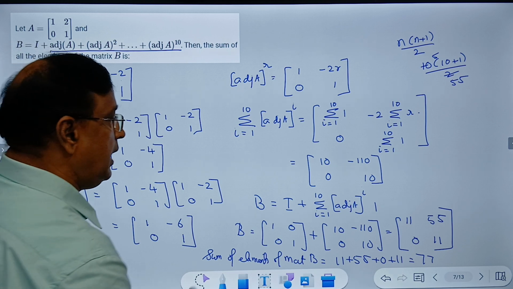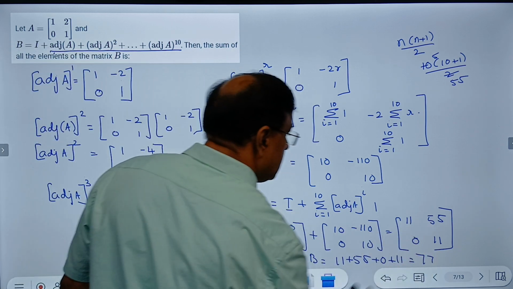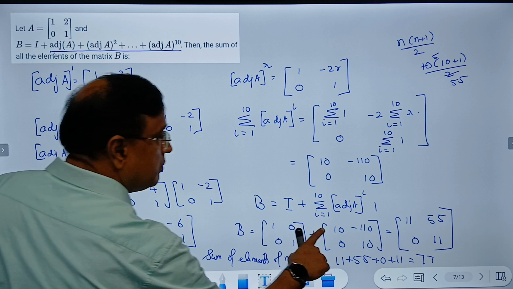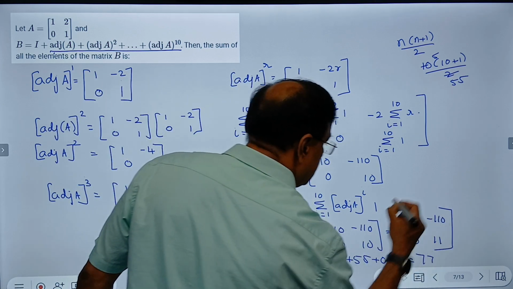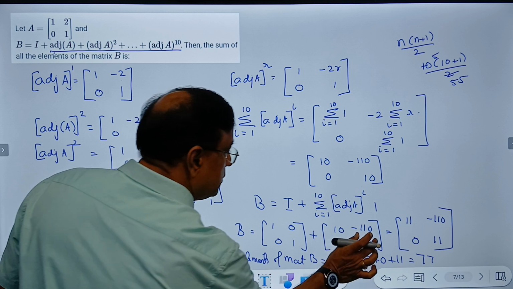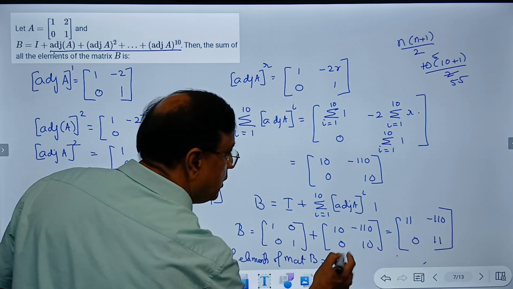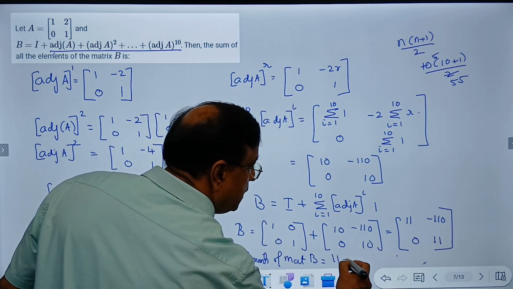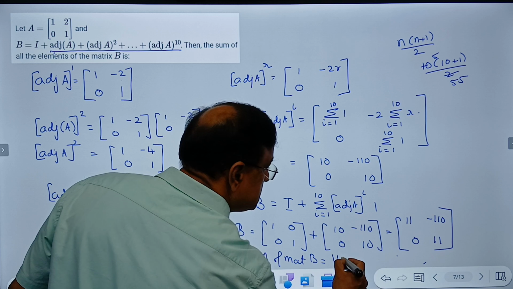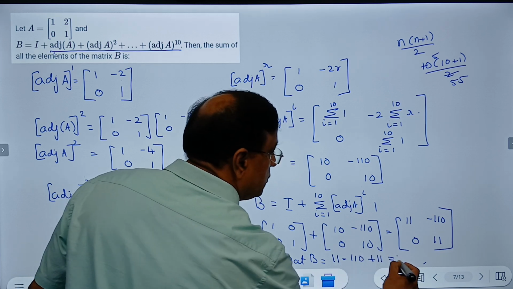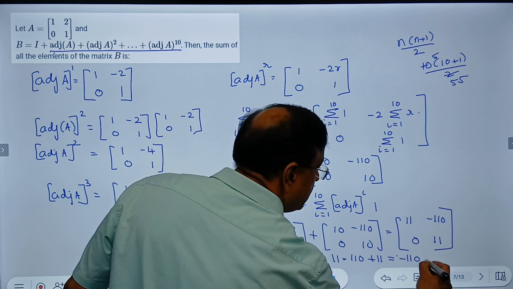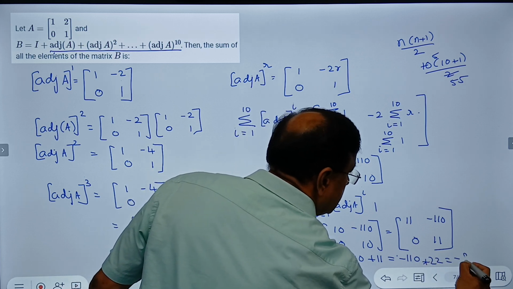So if I add them, what do I get? 111. This is minus 110. So the sum will be 11 plus minus 110 plus 11. So it is minus 110 plus 22, which is minus 88.